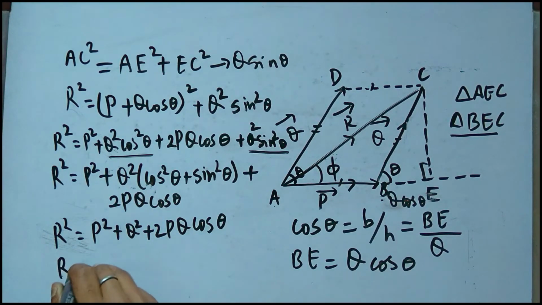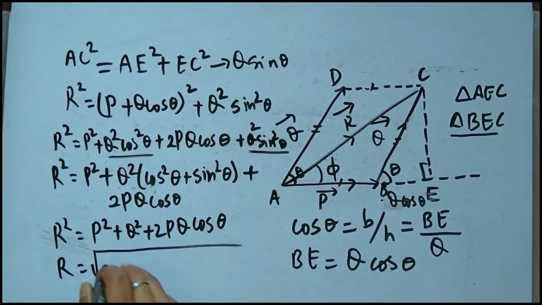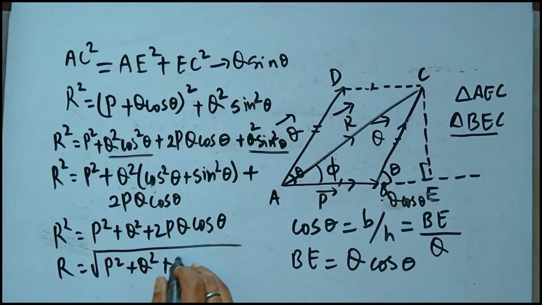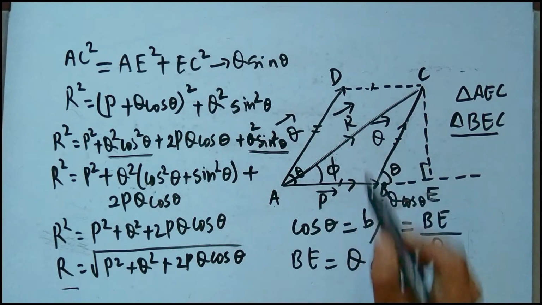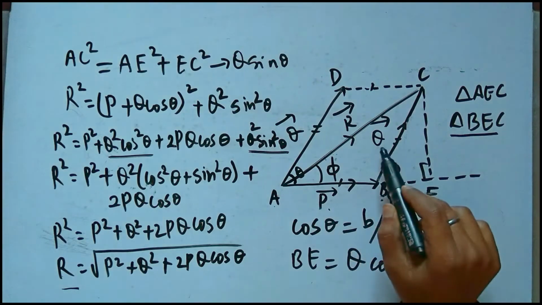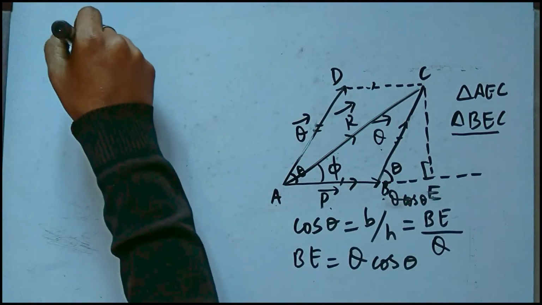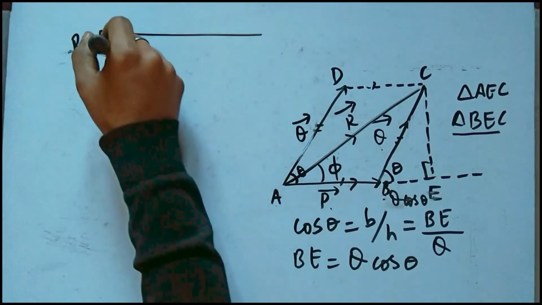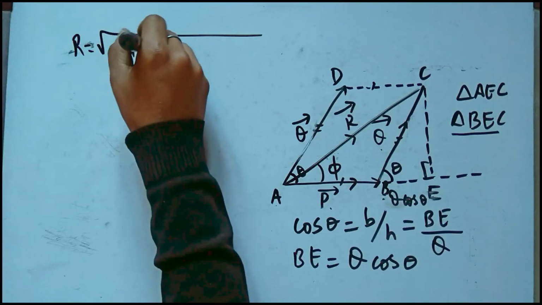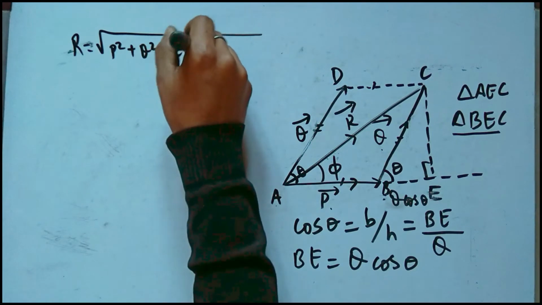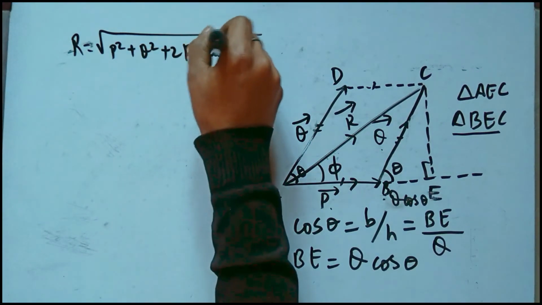So R can be written as root under P square plus Q square plus 2PQ cos theta. Now this is the magnitude of the resultant of vector P and vector Q.